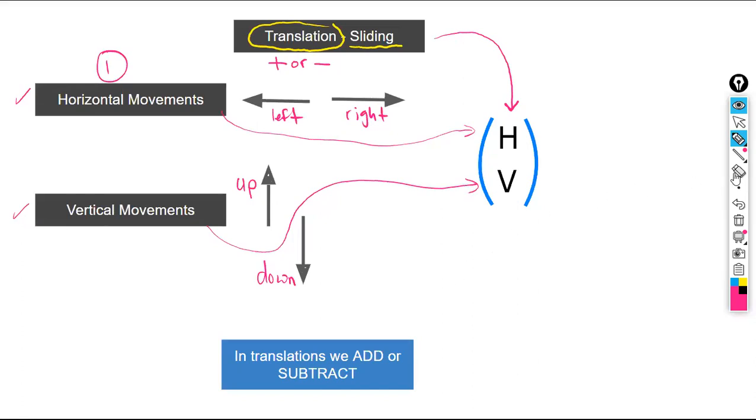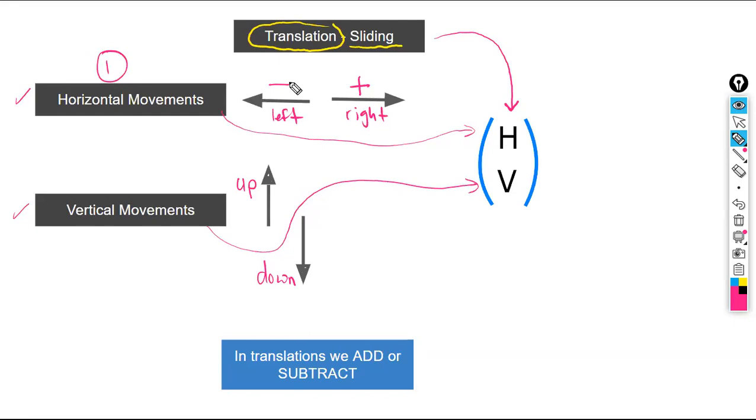Now, here's the thing. Let's deal with the top one first, the horizontal. Anytime the top number is a positive value, you always move it to the right. If the top number is a negative value, you move it to the left.